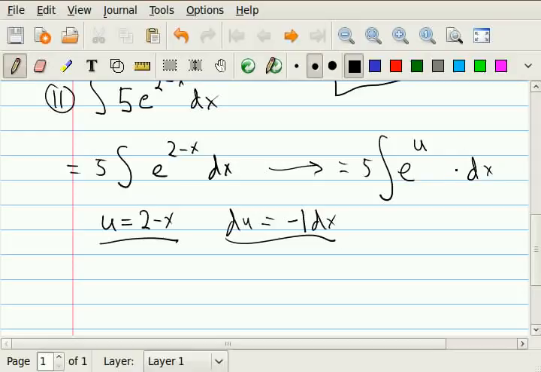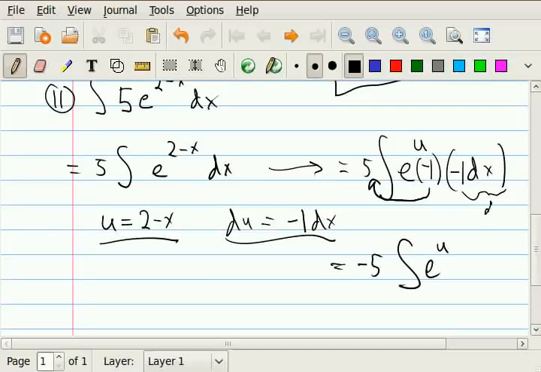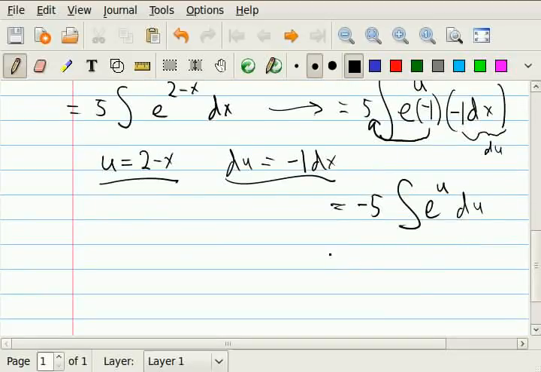So again, we can do our trick. We'll multiply by a -1, which is okay as long as we multiply by a -1 right next to it. Those negatives would cancel if we multiplied them back together, but instead we keep this -1 separate and factor it out. So we'll get -5 times the integral of e to the u, and look what's left here. That's just du. So this one really was the exact same rule, just a different substitution.